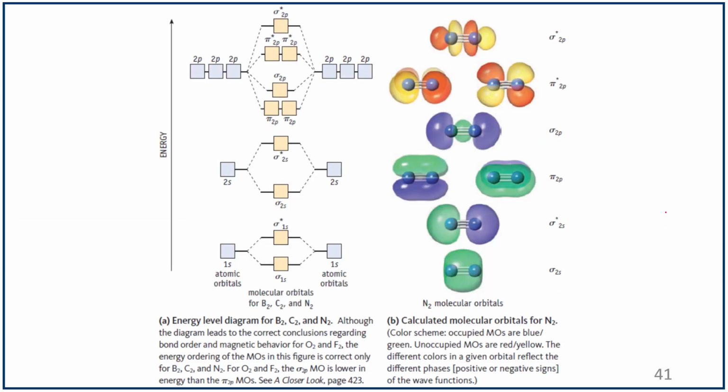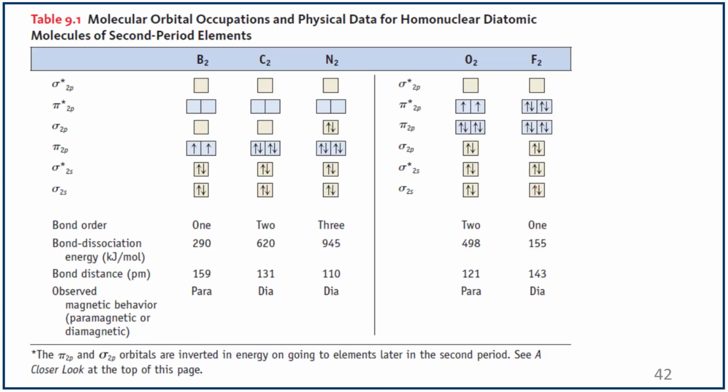Here's just another way to look at it, but there are actually these 3 which have these odd cases. Again, instead of the sigma 2p orbital being lower in energy, it's actually higher in energy than the pi 2p orbitals. One thing to remember them by: this is B, C, N, so that's actually Bacon.